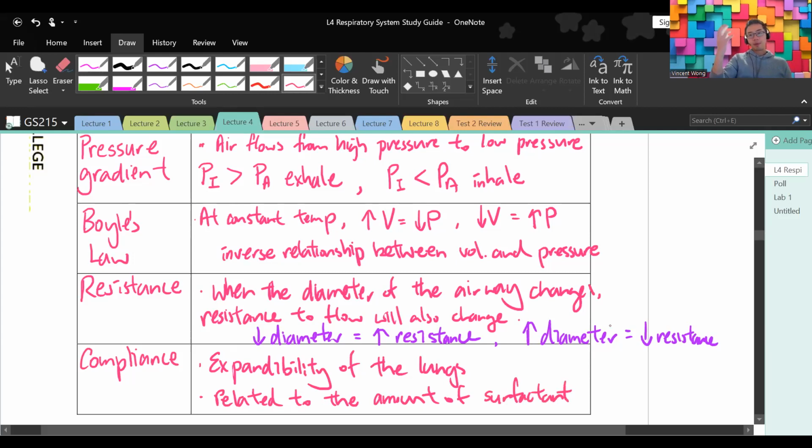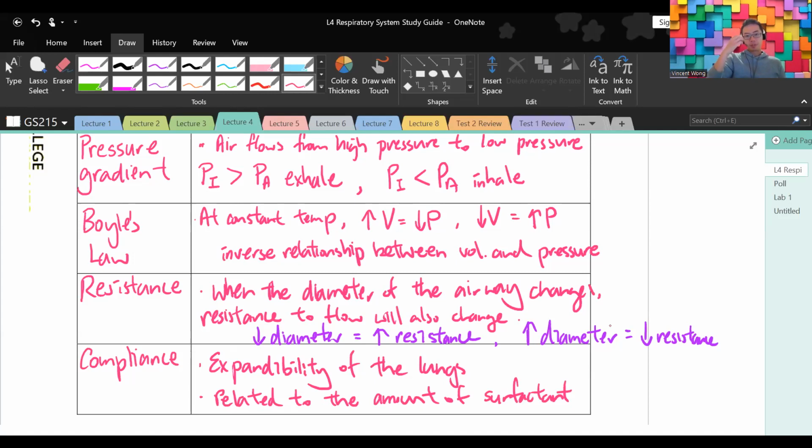If you think about a plastic bottle, it's very difficult to inflate it. You can try to blow air into it, it just won't expand. So something like that has low compliance. We don't want our lungs to have low compliance because it would be difficult to breathe in.